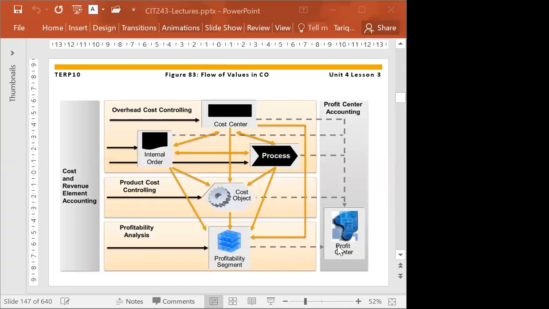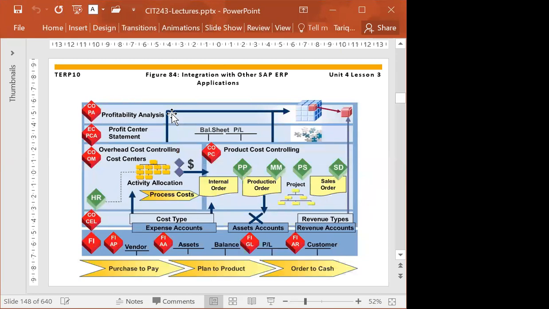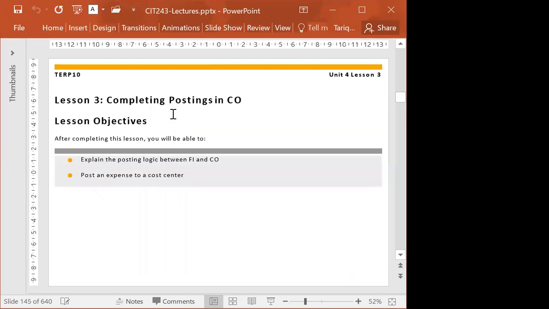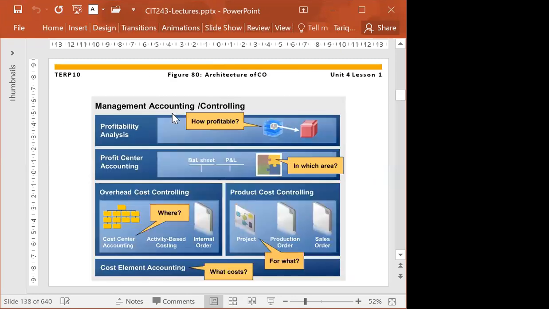Now, we have two main areas in the controlling. One is product cost controlling and the other one is overhead cost controlling. We have seen the previous example, let me go back to the previous slide again.